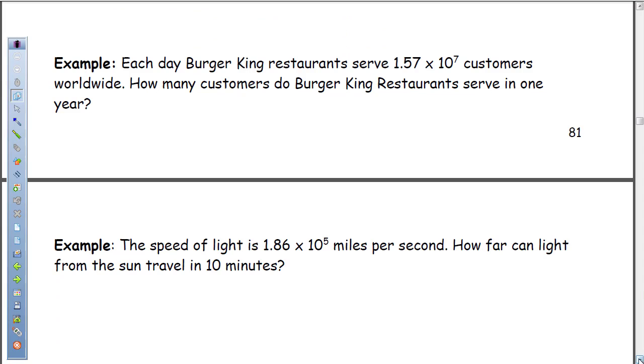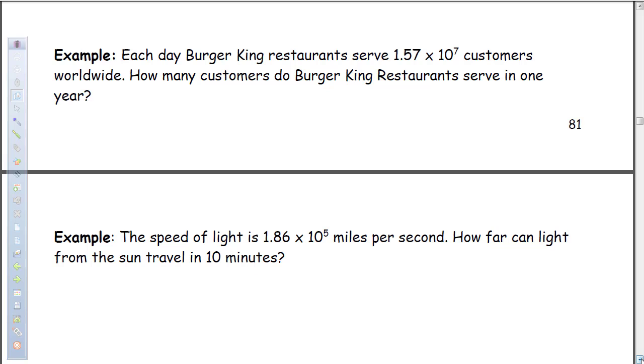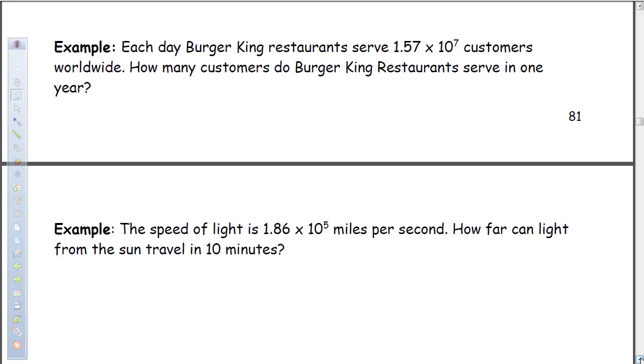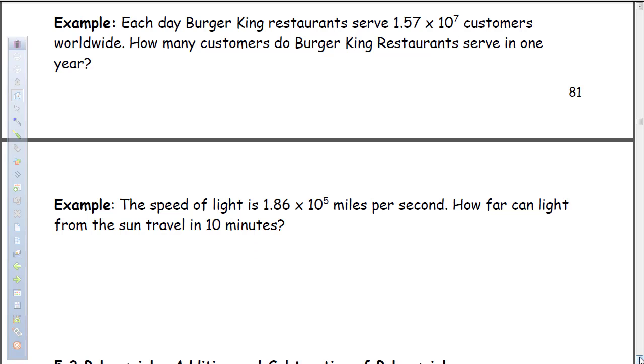All right, each day Burger King restaurants serve 1.57 times 10 to the 7th customers worldwide. How many customers do Burger King restaurants serve in 1 year? Okay, so how would we solve this?